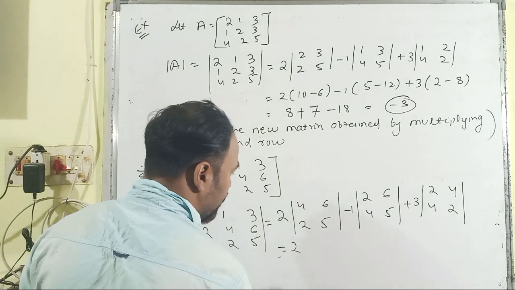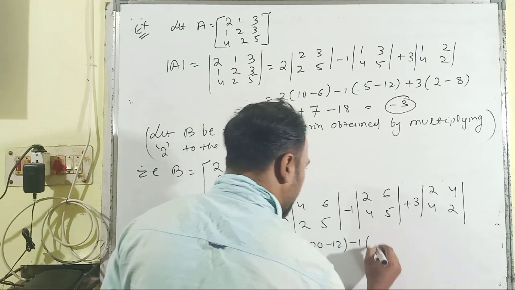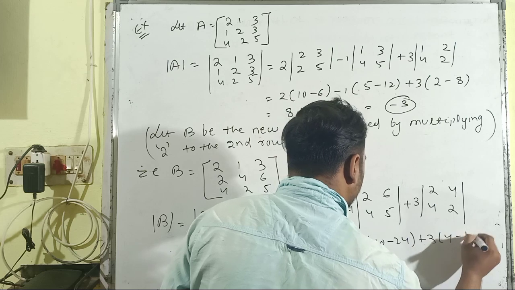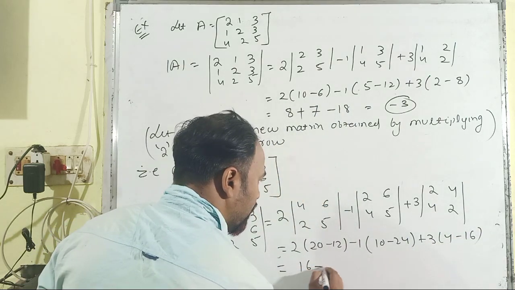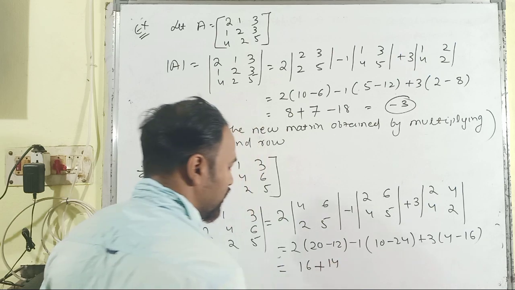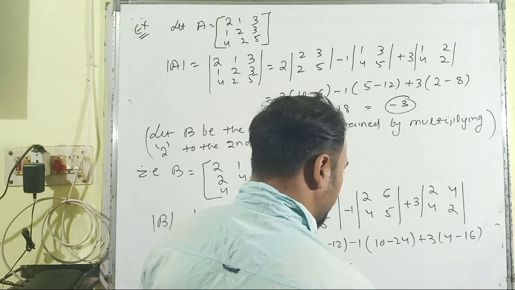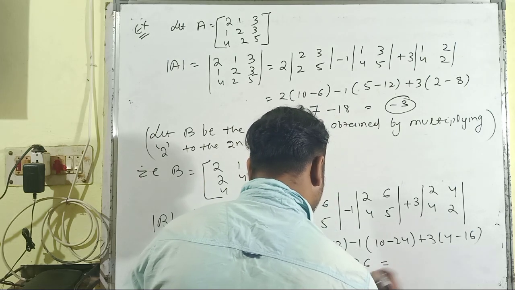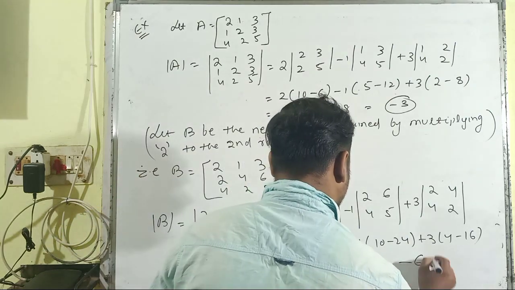And here we can get 2 times (20 minus 12) minus 1 times (10 minus 24) plus 3 times (4 minus 16). So it is 16 plus 14 and then minus 12 into 3, that means minus 36, that means it is minus 6.